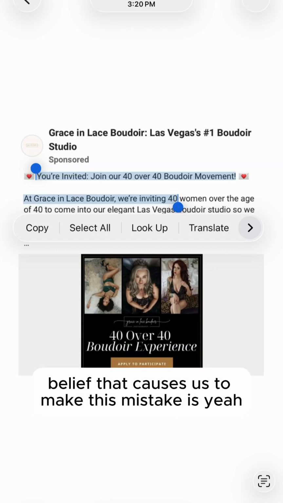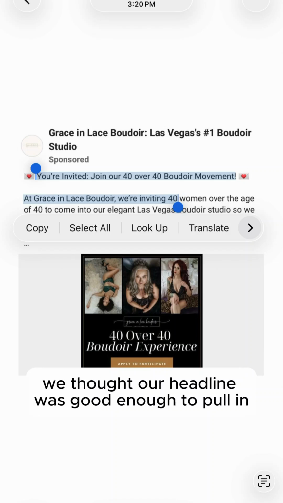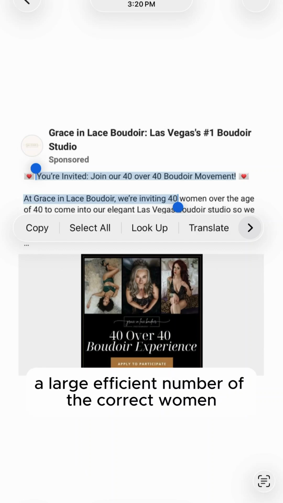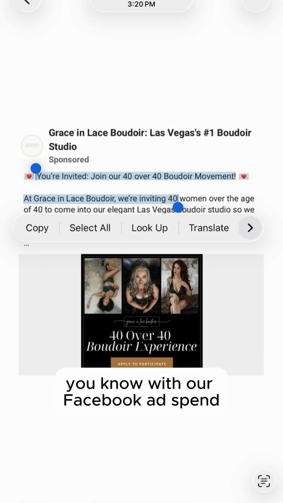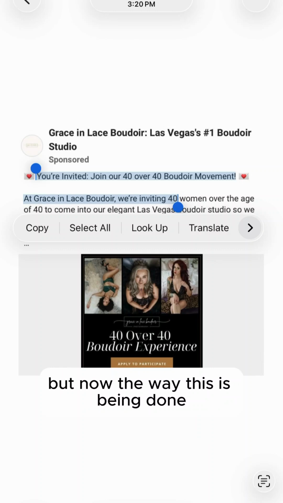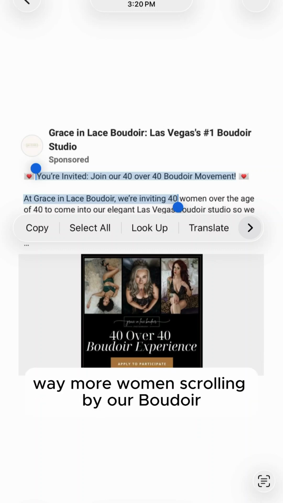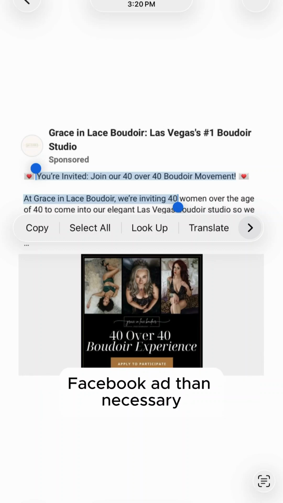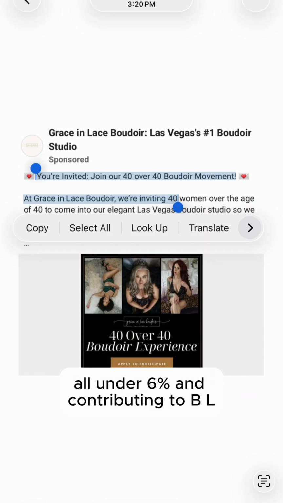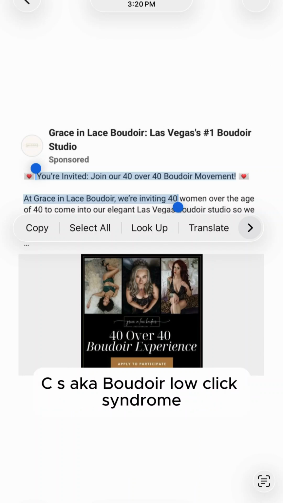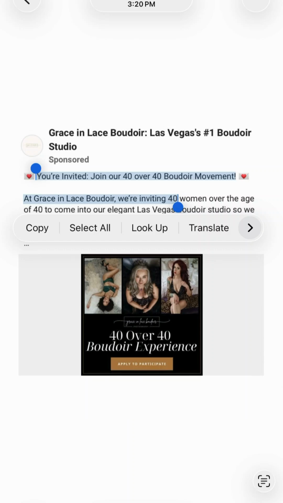So the false belief that caused us to make this mistake is, yeah, we thought our headline was good enough to pull in a large, efficient number of the correct women with our Facebook ad spend. But now the way this is being done, we're going to have way more women scrolling by our Boudoir Facebook ad than necessary, pulling our unique CTRL under 6% and contributing to BLCS, aka Boudoir low click syndrome.